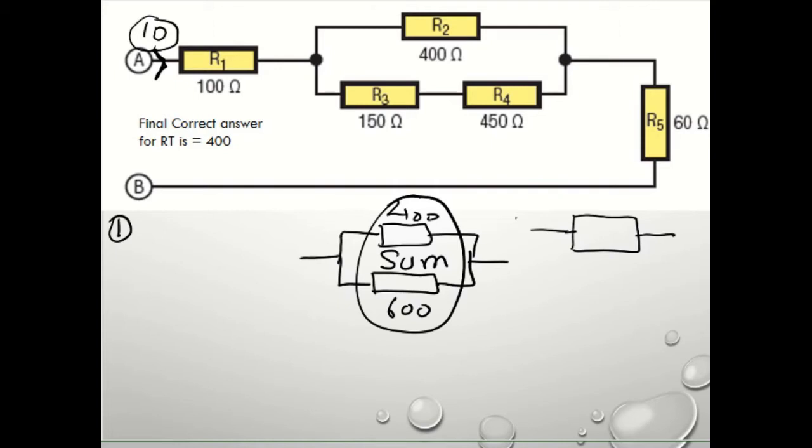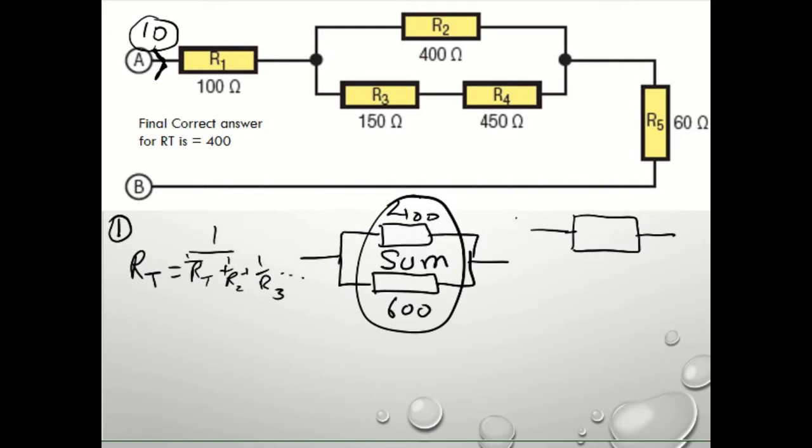This looks really tricky, but you will see the formula RT in a parallel circuit is 1 over R1 plus 1 over R2 plus 1 over R3 and so on.